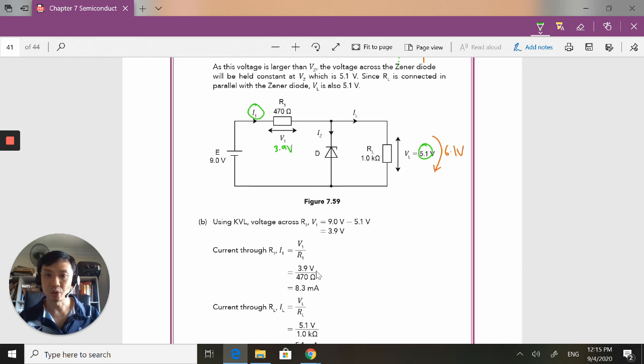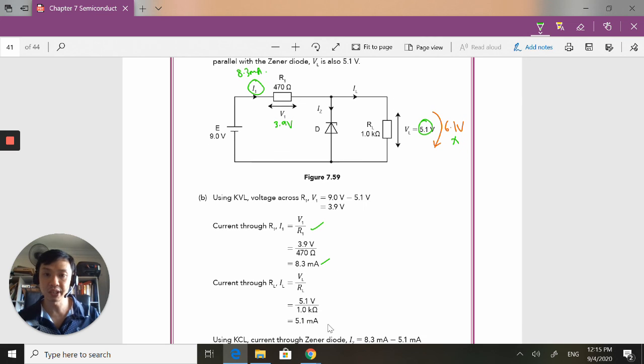Using Ohm's law, 3.9 over 470, I get 8.3 milliamps. Then applying Ohm's law here, remember it's 5.1, not 6.1, 5.1 over 1000, I get 5.1 milliamps.